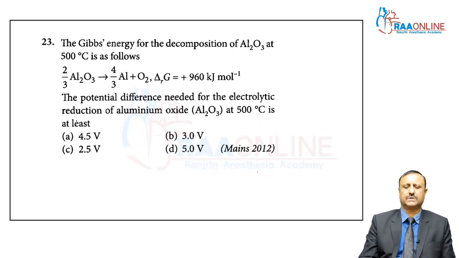Now, we can take question number 23. Here, my dear students, in this question, the Gibbs free energy for the decomposition of Al2O3 at 500 degrees Celsius is given as follows. The potential difference needed for the electrolytic reduction of aluminum oxide is asked.